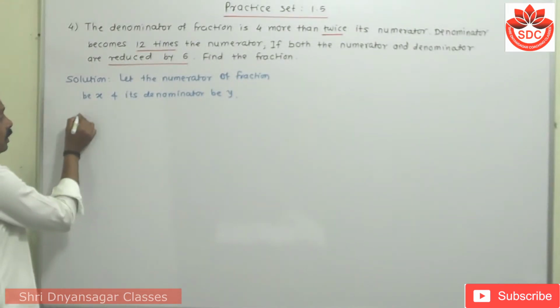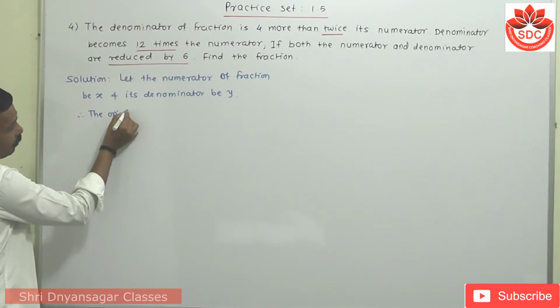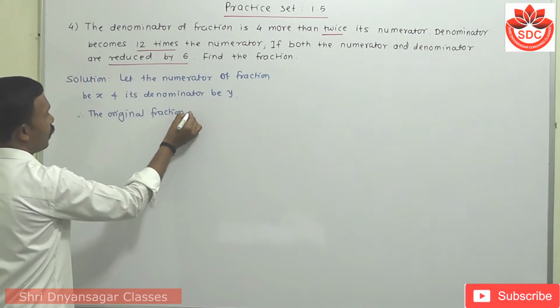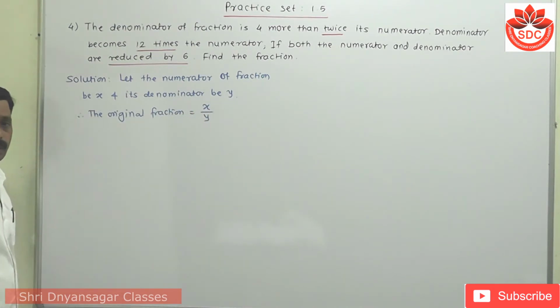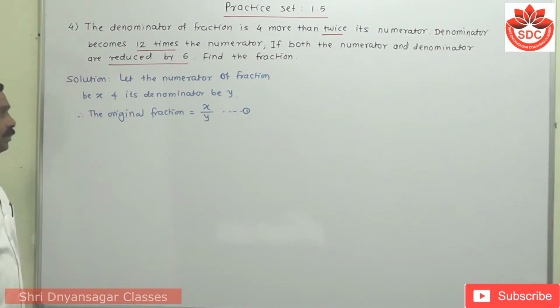Therefore the original fraction is equal to numerator upon denominator. Suppose that this is the equation first. Original fraction is x upon y. We have to find out here the fraction.